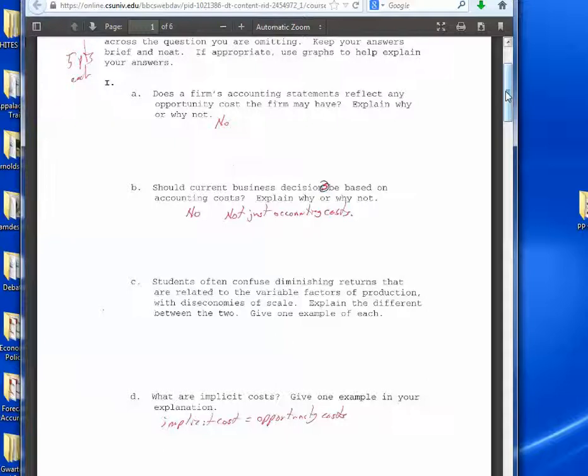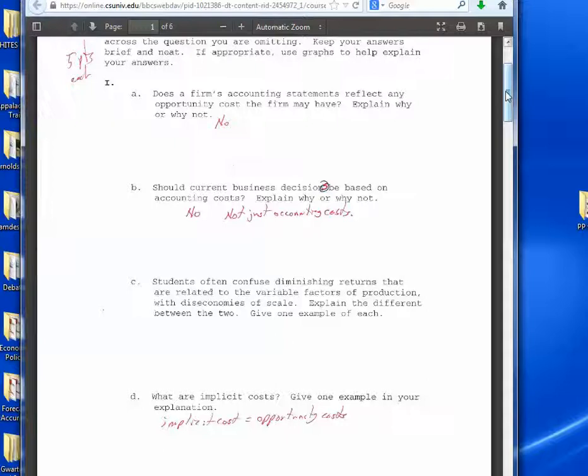Alright, the second one says, should current business decisions be based on accounting cost? Well, no. Obviously you want to include accounting cost, but if you don't also include opportunity cost, you can't decide whether a business decision is a good idea or not.